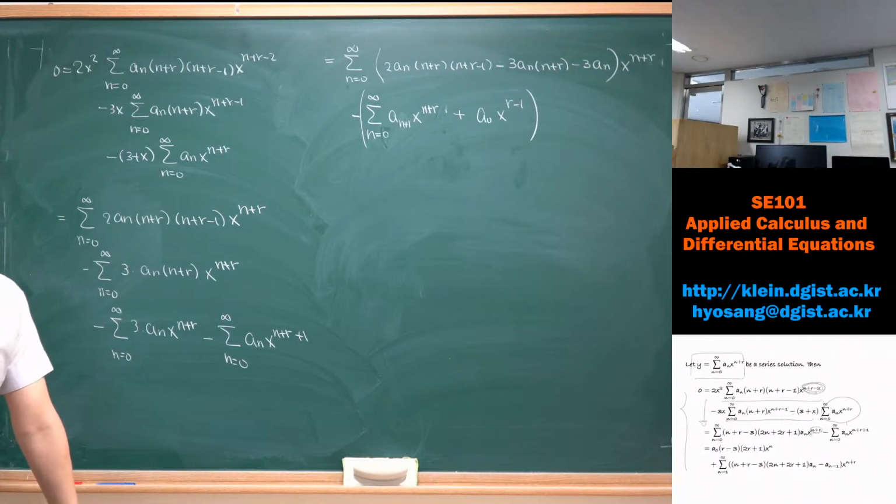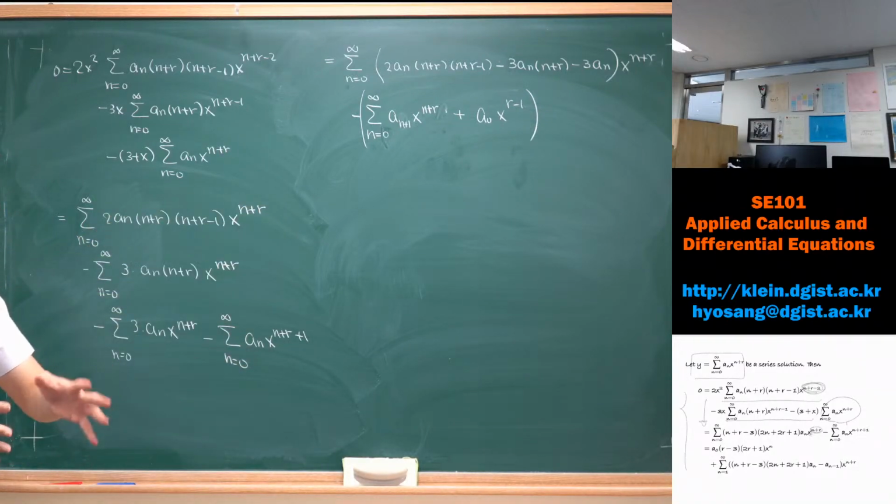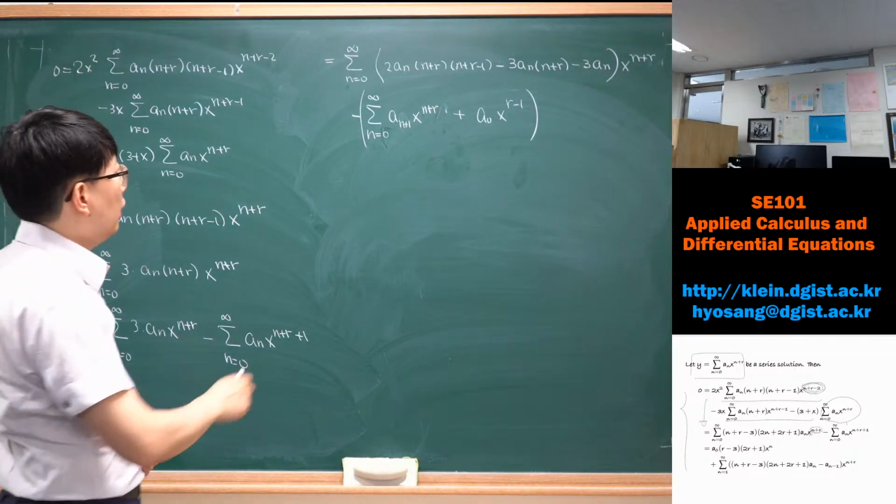This kind of change of index is very useful and also important when you compute the series solution, so that you don't mess up the formula.